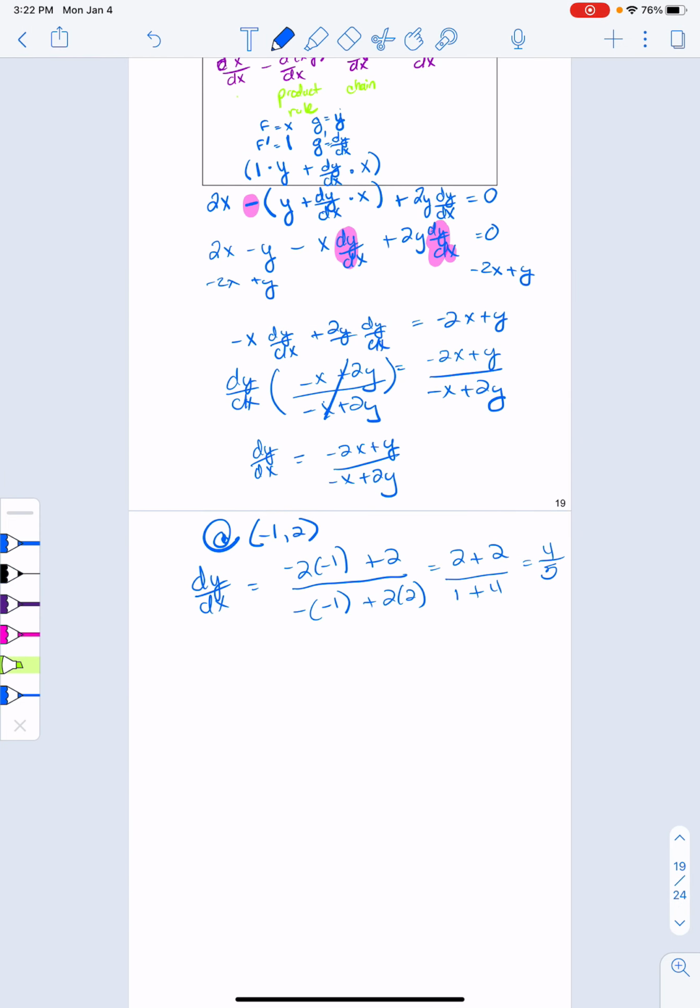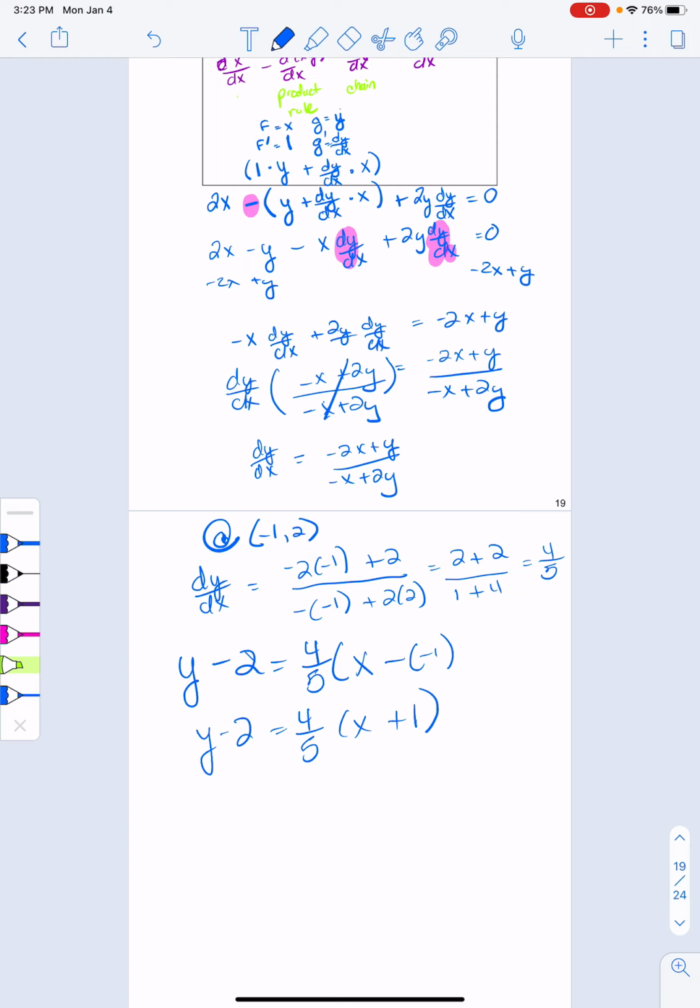So if you wanted the equation of the line, y minus y1 is equal to m times x minus x1. So I would get y minus 2 is equal to 4/5 times x plus 1.